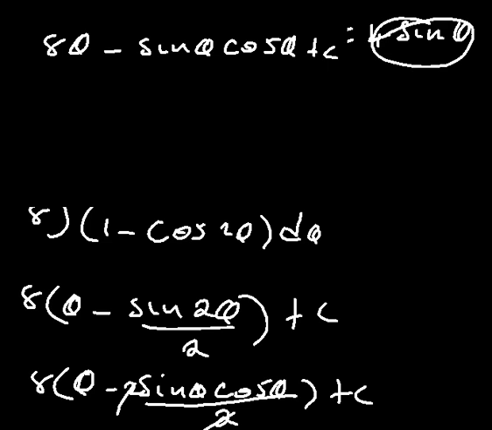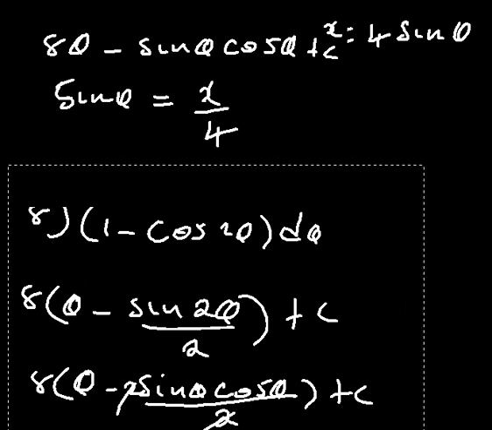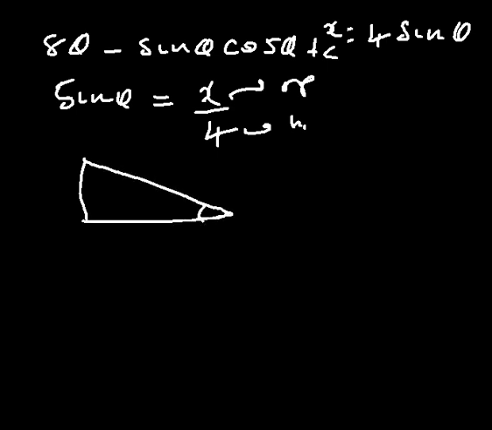Therefore we use this: x is equal to 4 sin theta, that is the same as sin theta is equal to x over 4. So we have a typical right angle triangle where this is opposite and this is hypotenuse. This is x and this is 4.